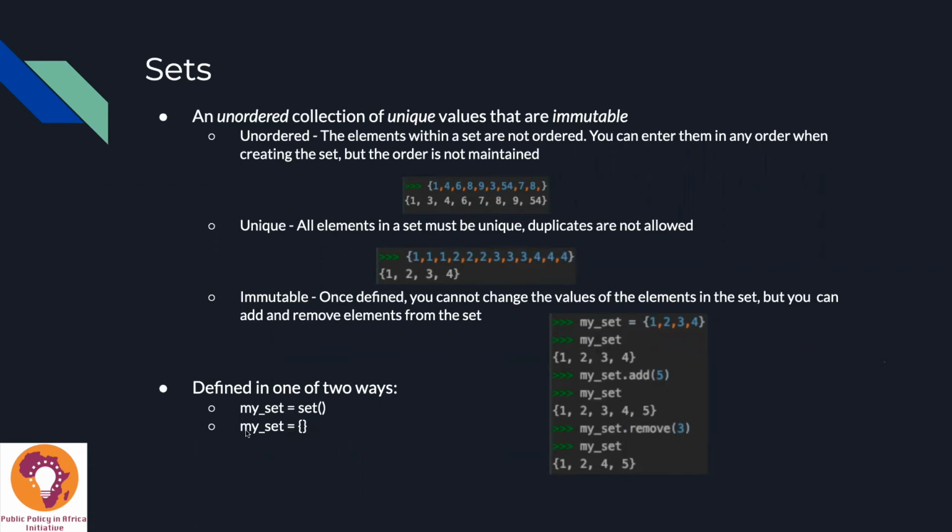I guess it's not terribly confusing because I used good variable names, so it's obvious that it's supposed to be a set. But if I came into code and found some random variable name, say they just called it X, and then they said X equals these squiggly brackets, I don't know if they meant for this to be a set or a dictionary, because dictionaries also use squiggly brackets.